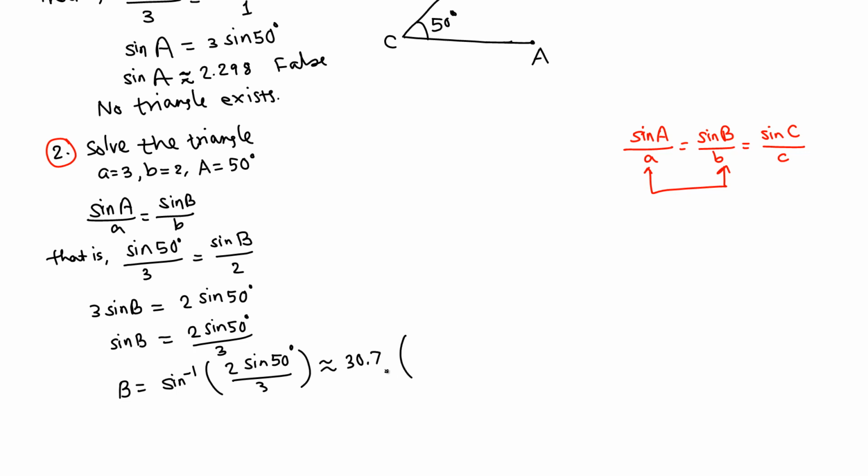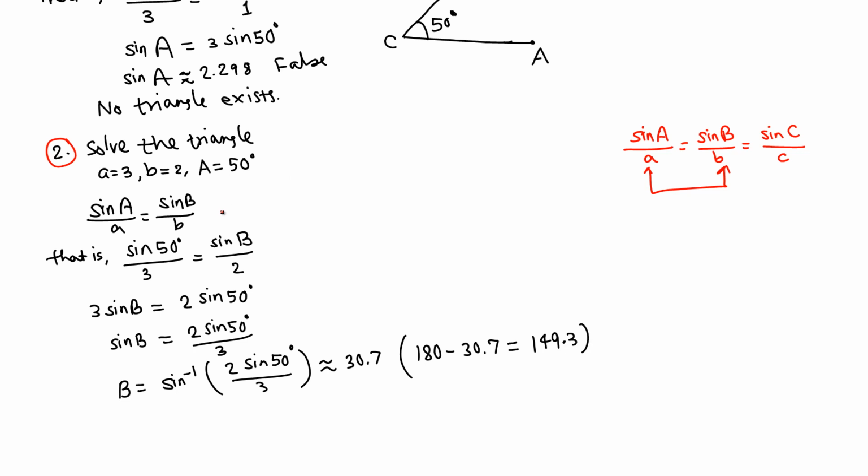By the way, there will be another angle at the same time, because sine is positive in the first quadrant as well as in the second quadrant. The second angle will be 180 minus this angle, 30.7, which is in fact 149.3.